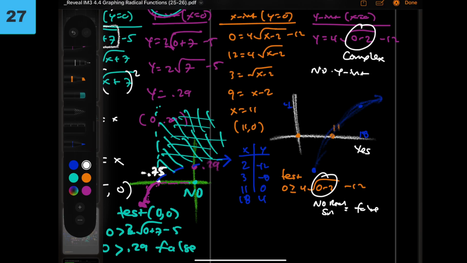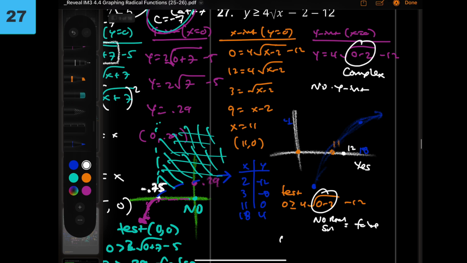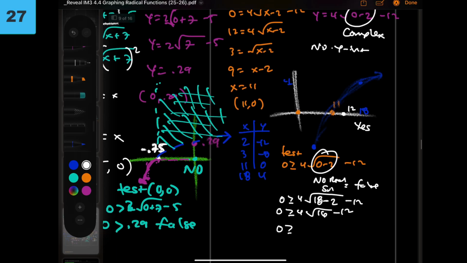Okay, so that region though, I know you're going to say, well, maybe it's yes over here, but let's just test it. Let's pick something like 12. Let's test 12. So 12, 0. Guess I should pick the easier number. Let's test 18. 18, 0. And I chose that because 18 minus 2 is 16, so this would be the square root of 16, which is 4.